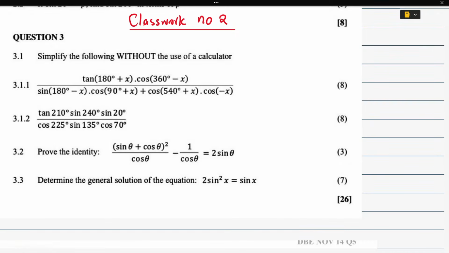Just a few minutes left. I hope you are almost done. Just type which one you are doing now. Number what? Are you on the second one or the third one? Which one are you doing so far?